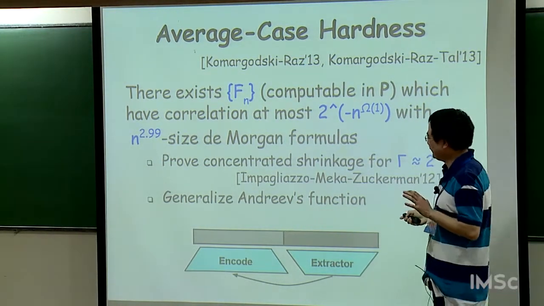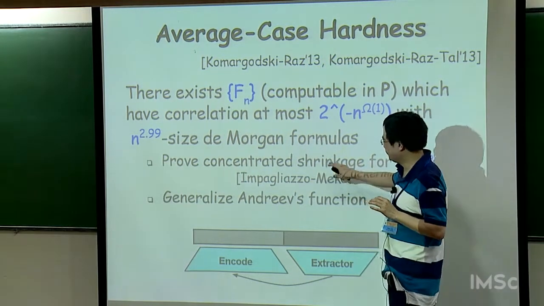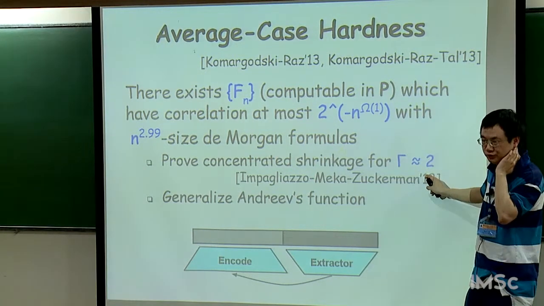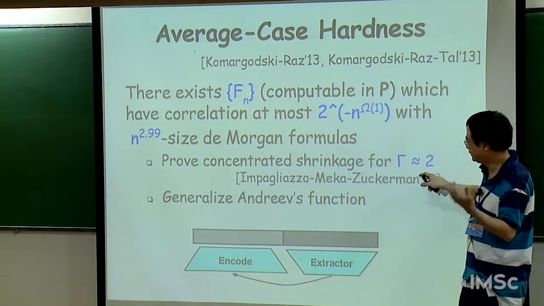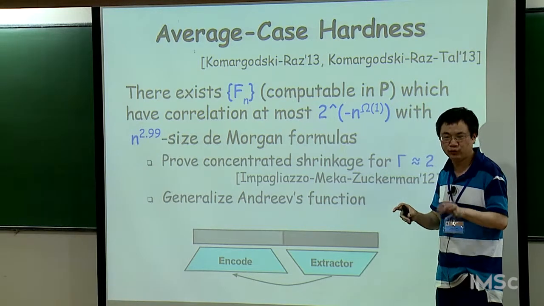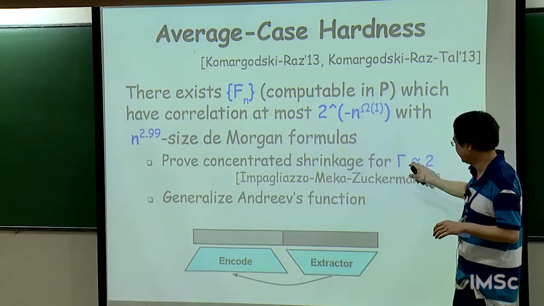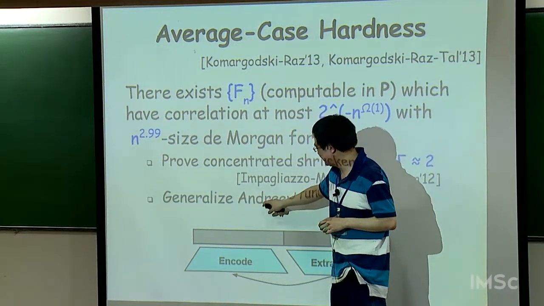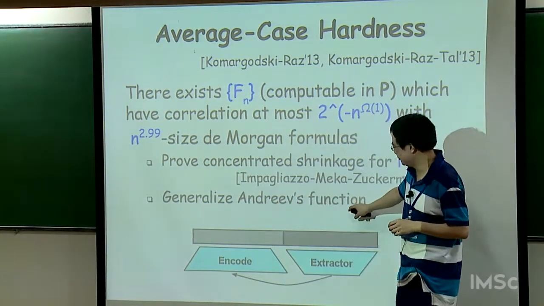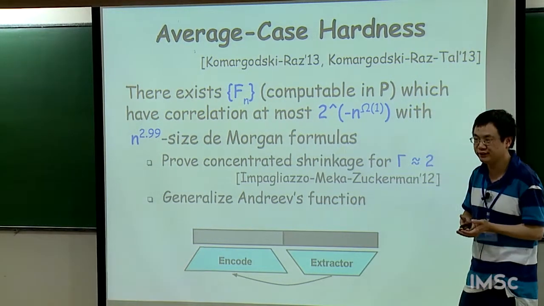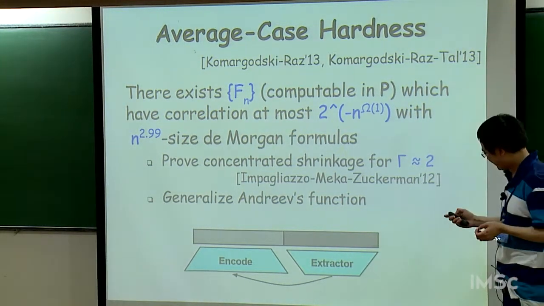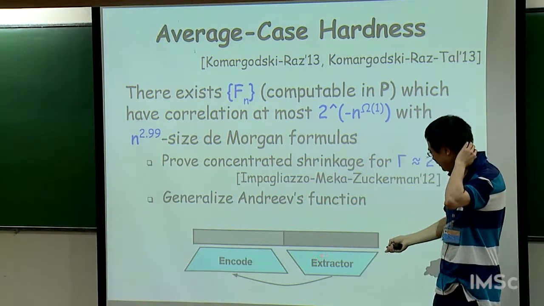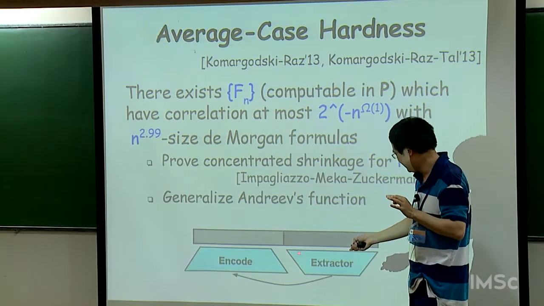So there are two ingredients in their proof. One is that they prove concentrated shrinkage for gamma almost 2. Again, here they use a hybrid of greedy and random restrictions to get this shrinkage exponent. Another ingredient is that they generalize the hard function to the average case. It's actually pretty complicated, but at a higher level, the picture looks like this.